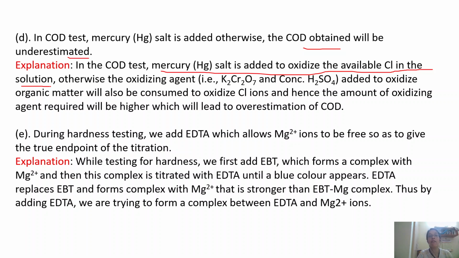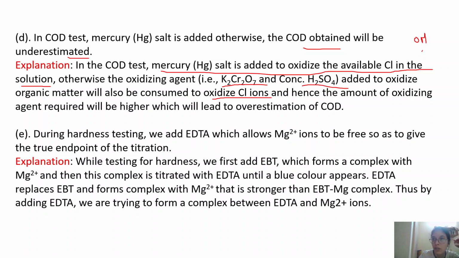Otherwise, if we are not oxidizing the chlorine, what will happen? The oxidizing agent that we are adding, K2Cr2O7 and concentrated H2SO4, will be consumed in oxidizing chlorine ion also. Hence, we have organic matter inside our sample which needs to be oxidized.